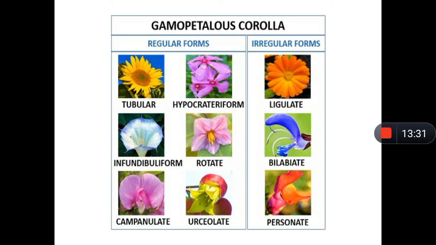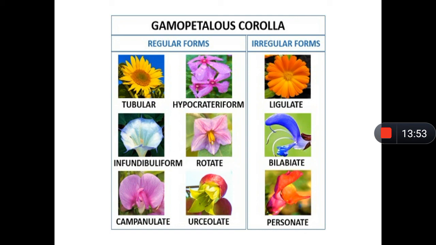It is found in Vinca, where the corolla tube is perpendicular to the limbs of the petals. Then infundibuliform, which is found in Datura. Then rotate, which is found in Solanum. Then campanulate, and lastly urceolate. Pomegranate is the best example.